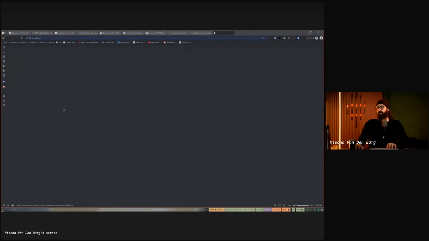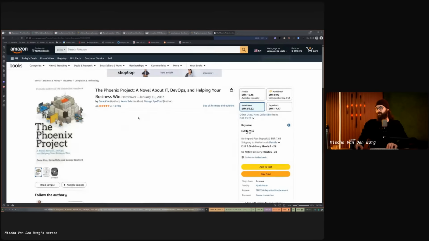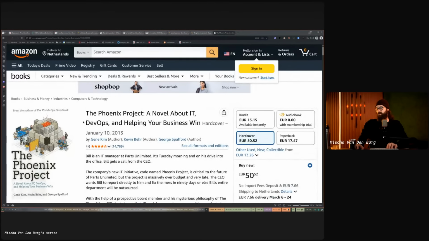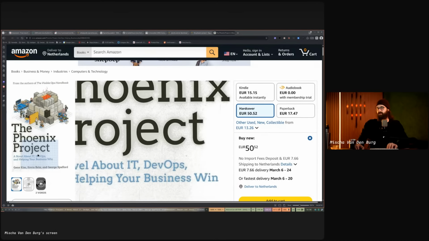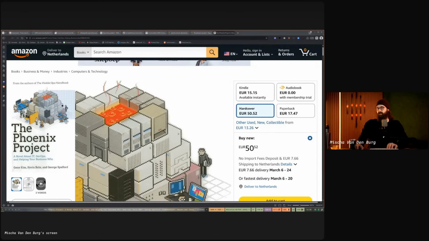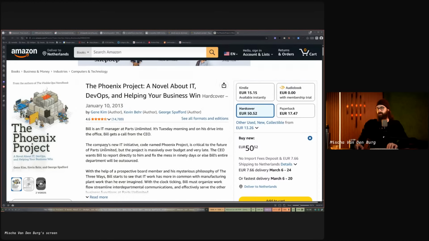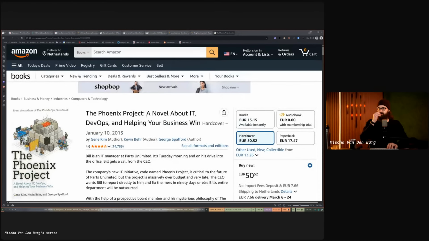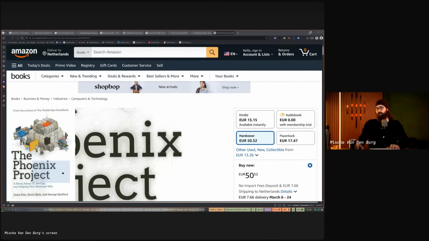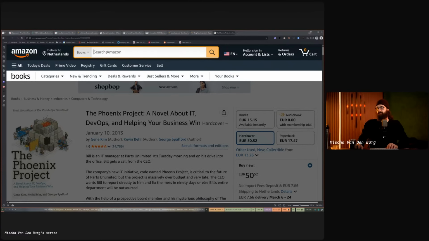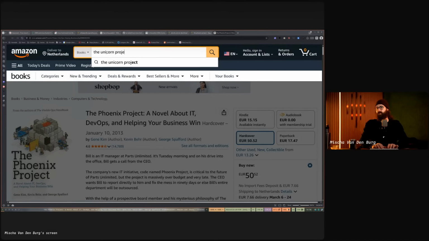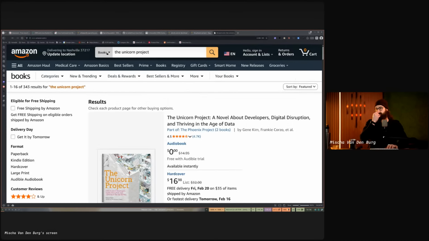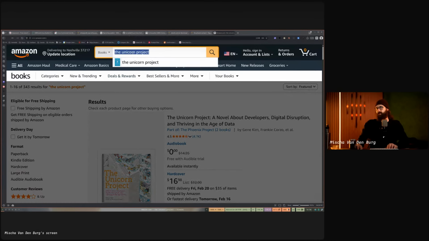The Phoenix Project is by far obligatory reading for anyone who is even remotely considering a career in DevOps or operations or any infrastructure kind of work. You need to read this book and its follow up, the Unicorn Project, and also the Google Site Reliability Engineering.